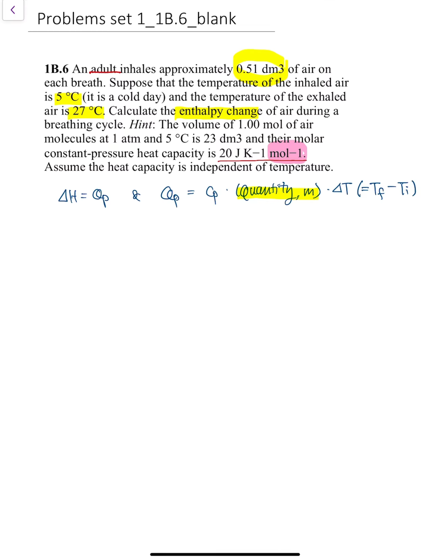So you have to use the quantity in moles in our calculation if you want to directly plug in and multiply with the Cp that's given. So then the question now is, how do we do that? How do you get the mole of the air in this problem? Let's pause again and think.